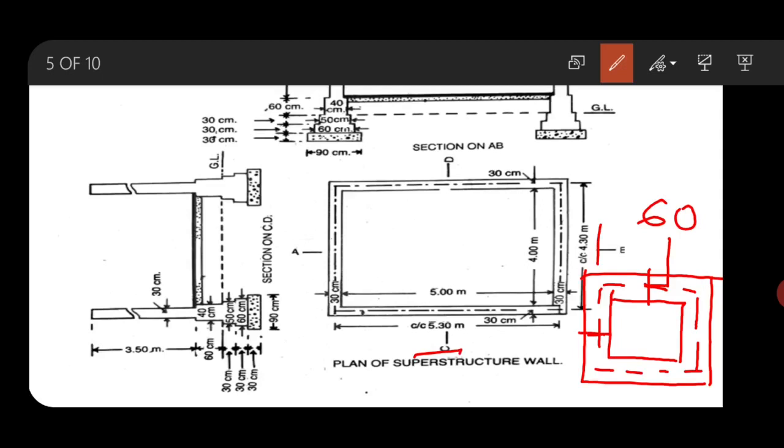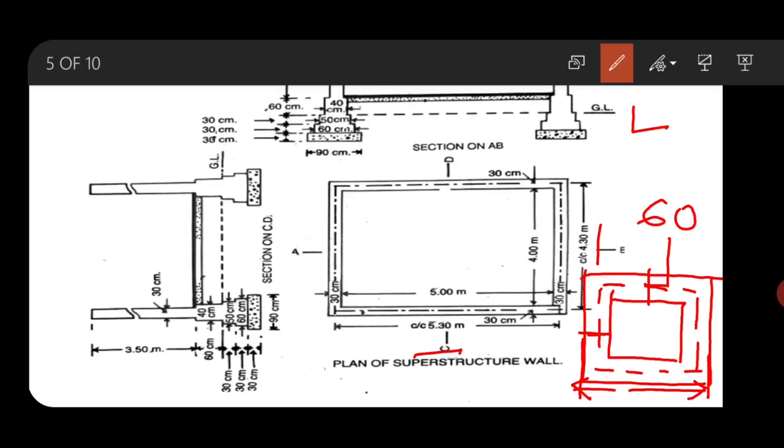So now what will be the length of the first footing along long wall? This length will be equal to the out to out dimension of the wall.